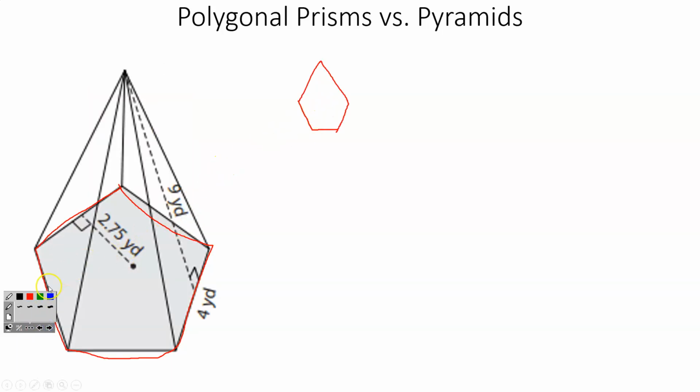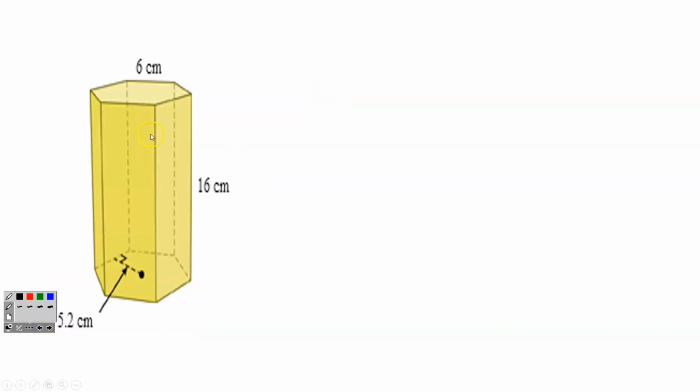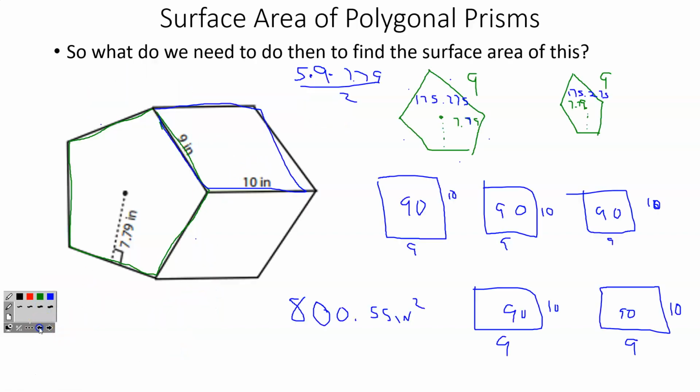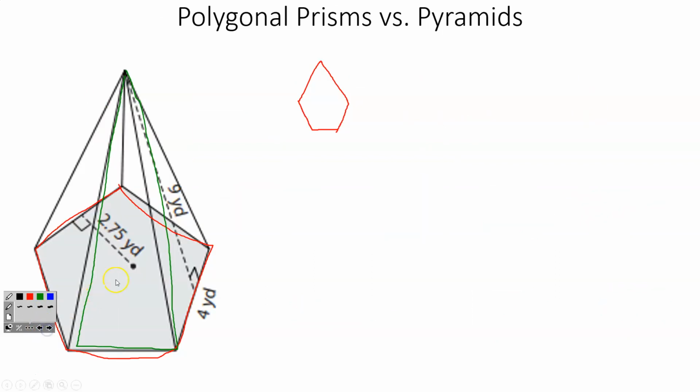So I only have to draw one of those pentagons for this shape. If I look at the sides, it looks like every single side of this pyramid is a triangle. So again, that's a little bit different compared to these types of shapes where they were rectangles. So I'm going to have to draw 1, 2, 3, 4, 5 triangles.